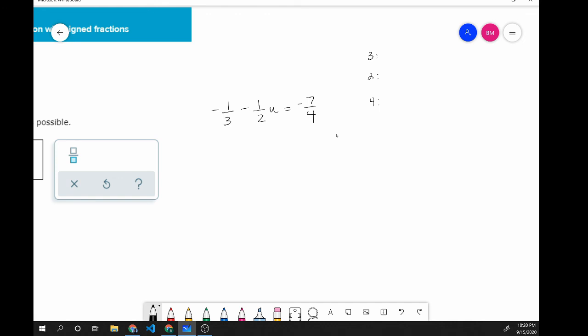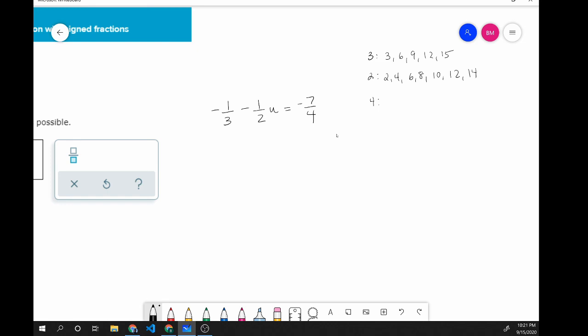So I'll do the 3 times table out. So 3 times 1 is 3, 3 times 2 is 6, 9, let's go to 12, and then 15. The 2 times table here, so we have 2, 4, 6, 8, 10, 12, 14.